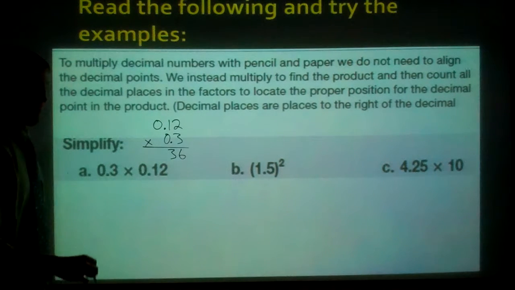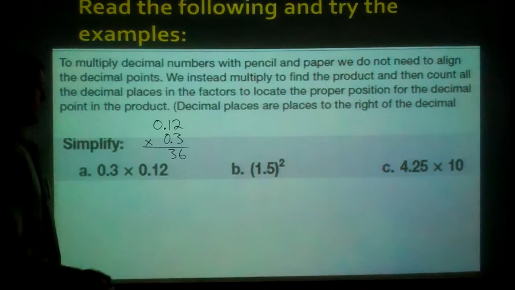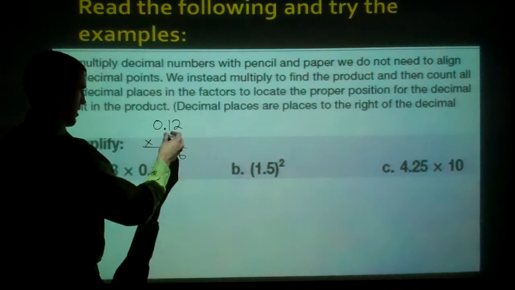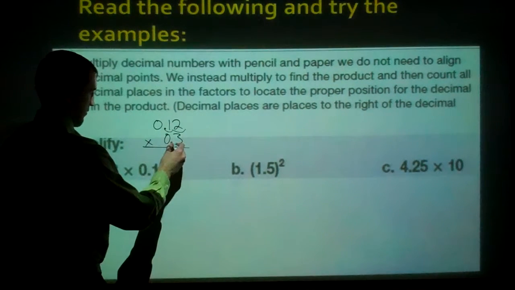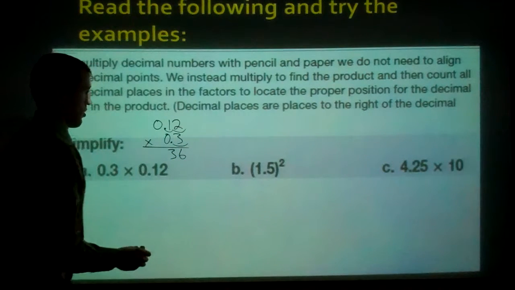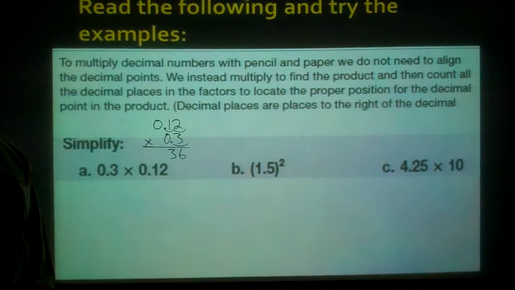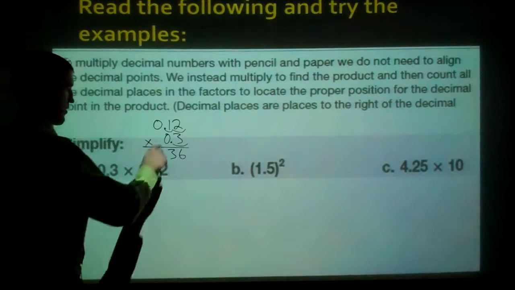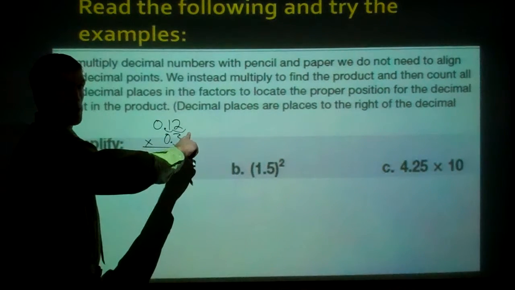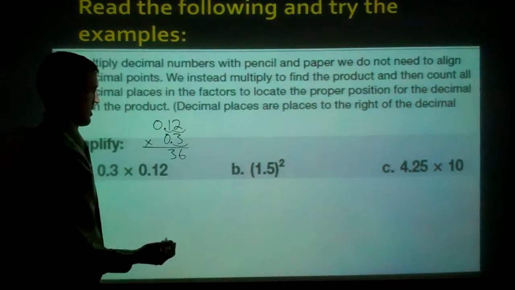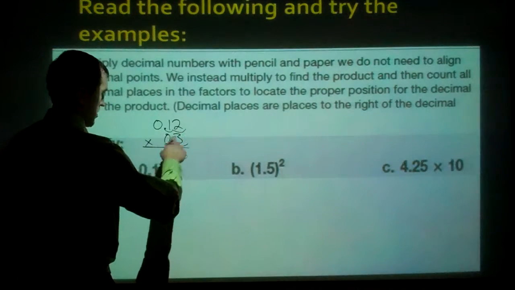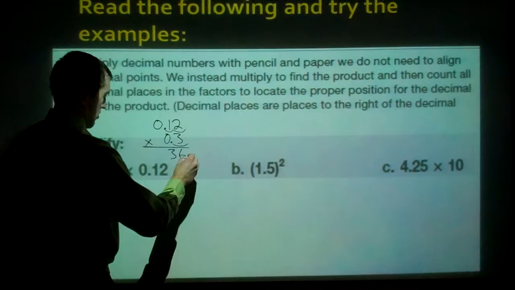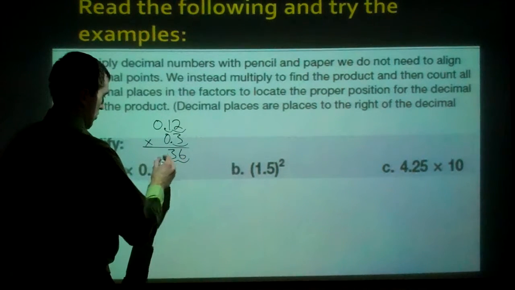Now, here's how we figure out how many decimal places we're going to move. To get to this side, we go 2 spots, and to get to this side with this one, we go 1 spot. So a total of 3 spots that we have to move to get back to where the decimal would be if it were a whole number. So 3 spots this way means we're going to go 1, 2, 3 this way.